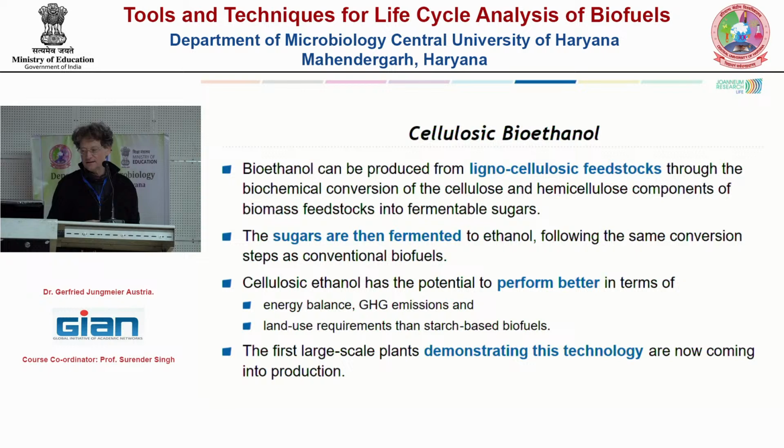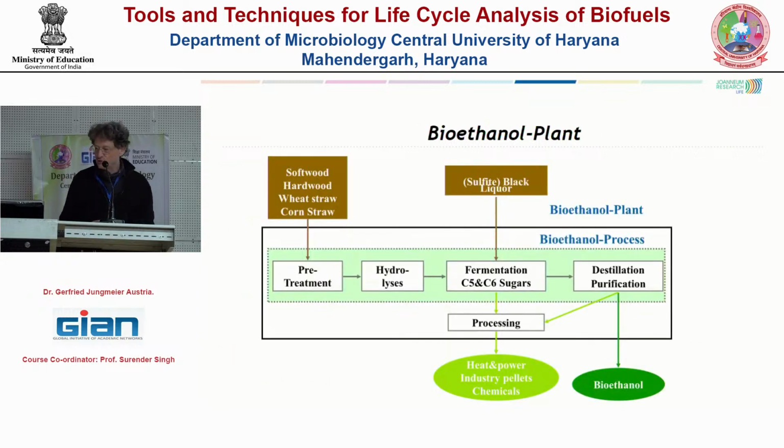Really, making the sugars is a big thing. Normally in the current demonstration plants they use the lignin to supply the heat and electricity needed for the process. You have seen this bigger picture already in different ways, always telling the same, how to come from wood to bioethanol.